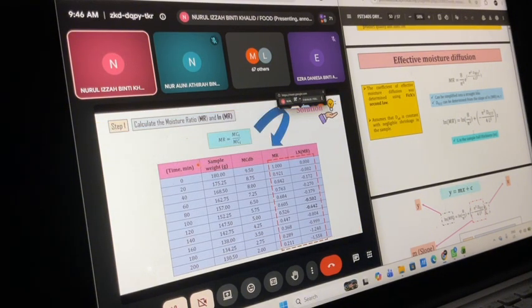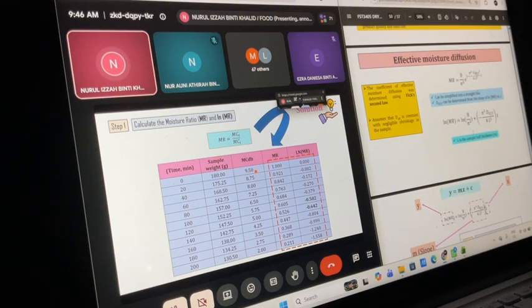First you have to calculate the moisture ratio, because this is your raw data. I have already given you the moisture content dry basis, so you have to calculate the moisture ratio, which means the moisture content at time divided by the moisture content at initial.